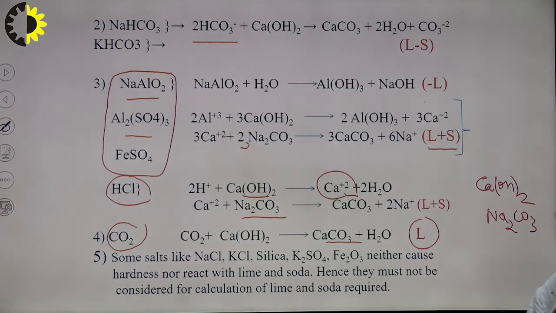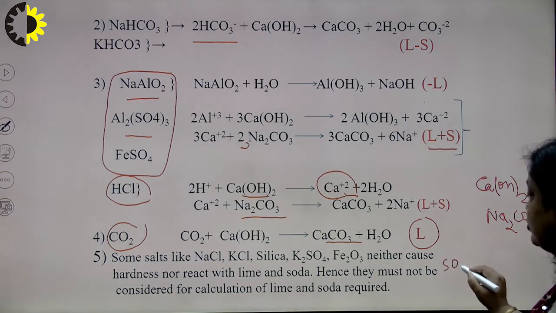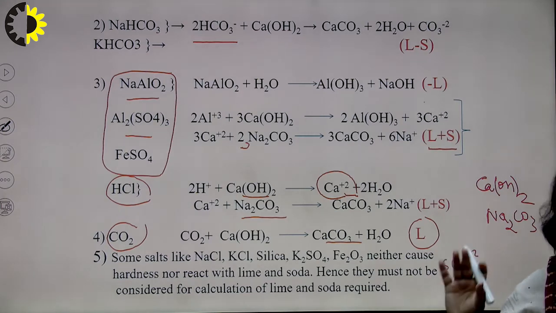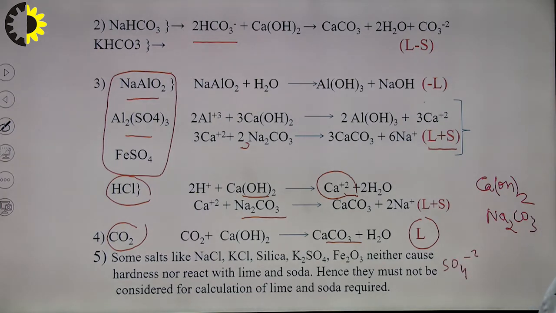So, no need to do calculation with them, that is NaCl, KCl, or we can write SO4 minus 2, etc. In anion only we do the calculation for carbonate, bicarbonate, otherwise no need to do any type of calculation with any type of anion. So, what is the point?